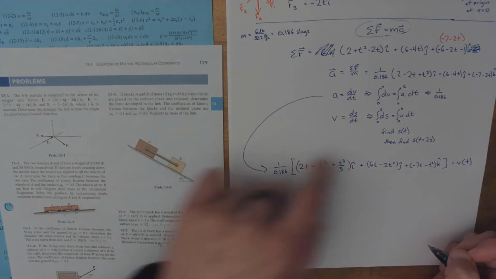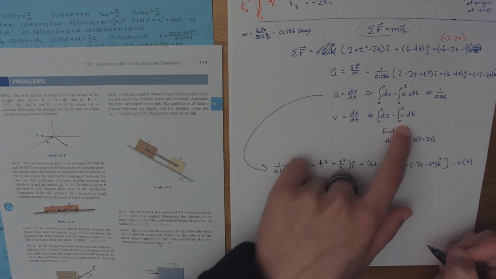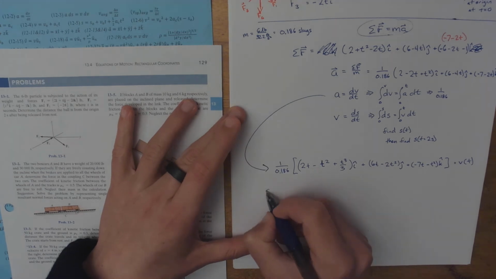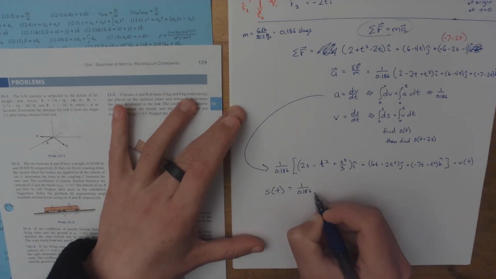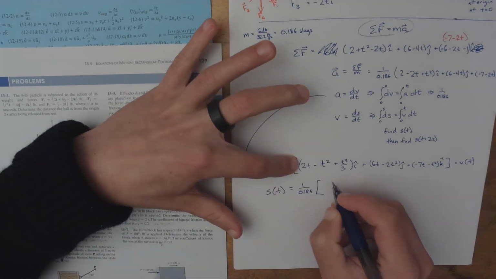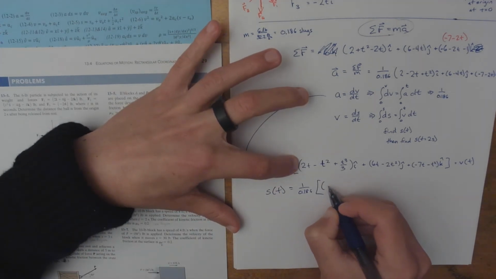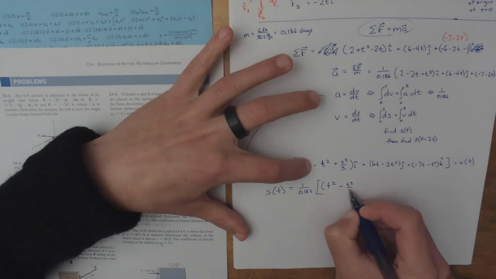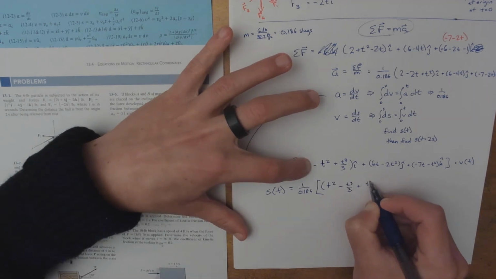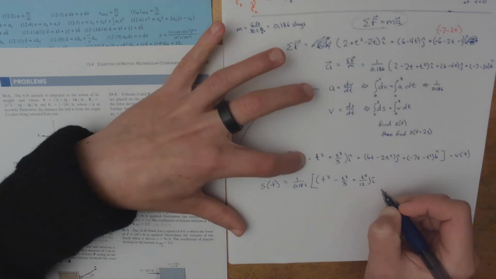Okay, and then we want to integrate this with respect to time to find the position. So the position with respect to time is 1 over 0.186, and then we have integrating this. This is just now t squared. This is minus t cubed divided by 3, and this is plus t to the 4th divided by 3 times 4, which is 12 in the i hat direction.